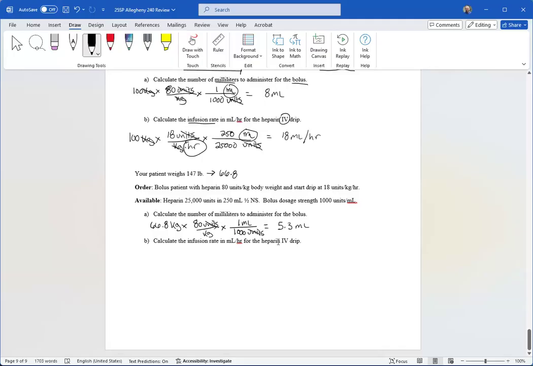All right, let me finish working through this here. For the second one, again, 66.8 times the 18. And then the 250 ml, 25,000 units.